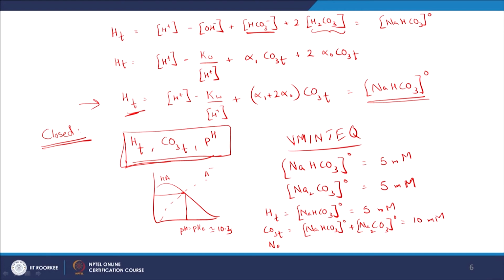And the total sodium is going to be equal to NaHCO3 naught plus 2 times Na2CO3 naught. So that is going to be equal to 15 millimolar, right. So 5, 10 and 15.